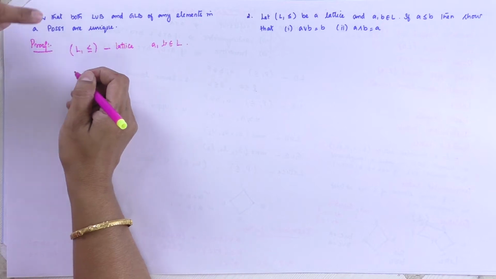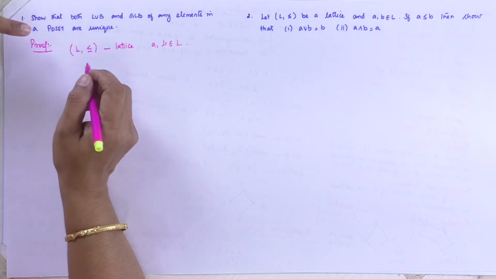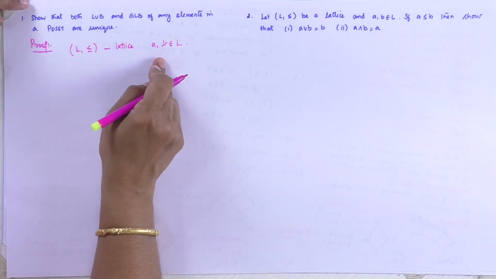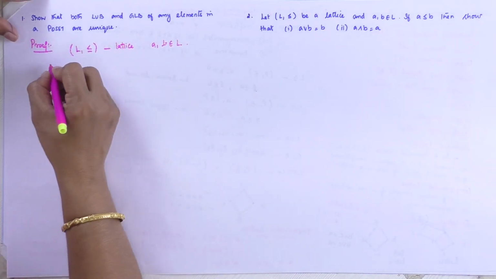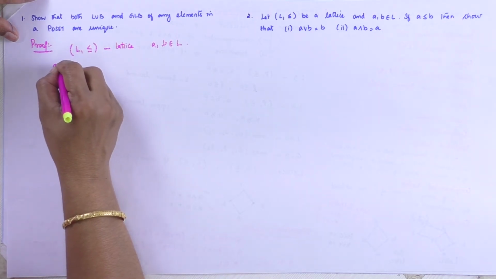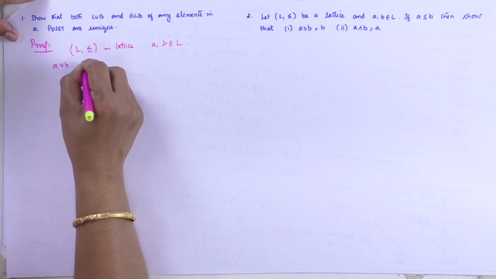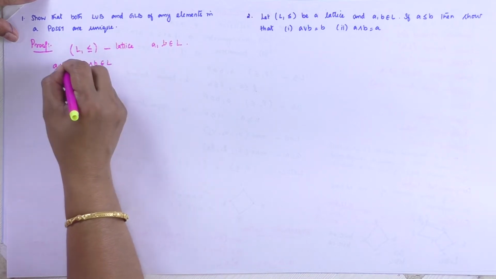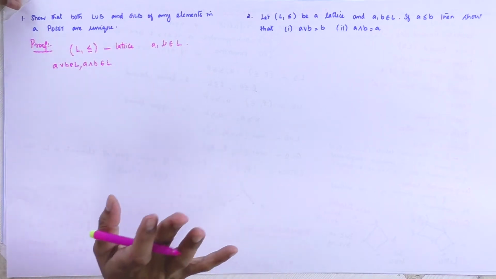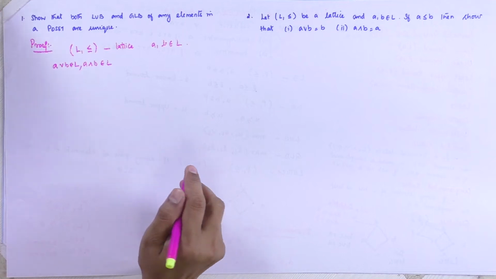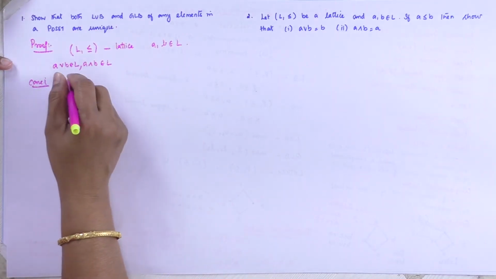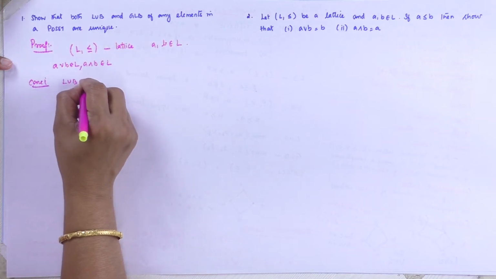For it to be a lattice, each and every pair will have a least upper bound, that is A or B, and A and B will be there in L. So now let me, case 1, show it for LUB as unique.